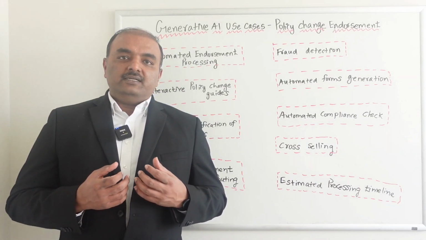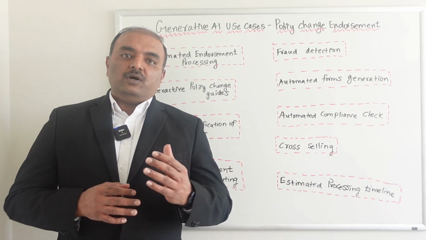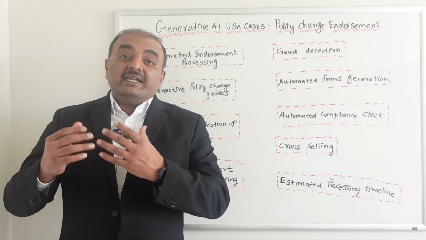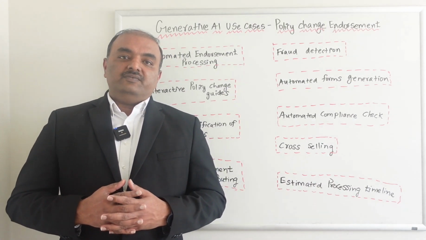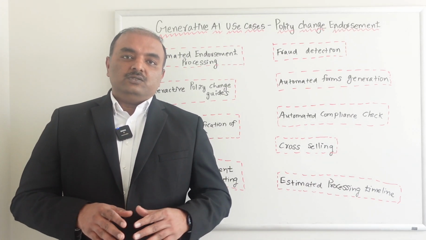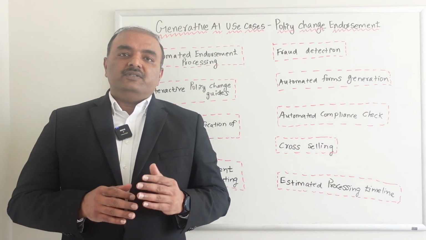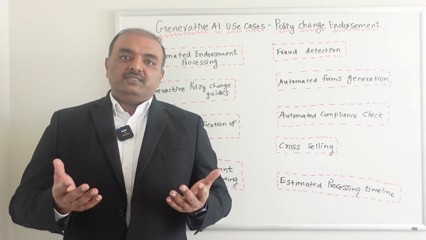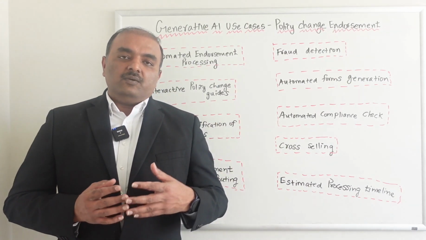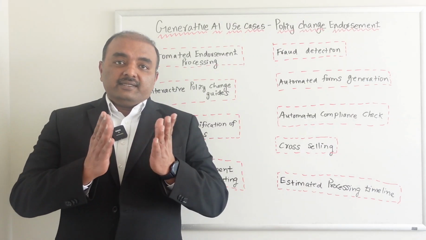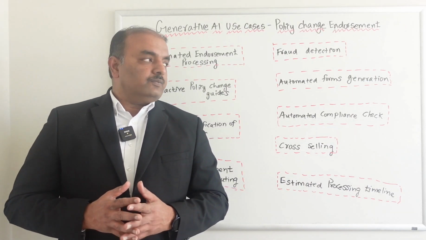The chatbot can respond and automatically process this policy change work order, generate the document, and send the completed document if it's a simple policy change. In this entire workflow, there is no manual intervention. If it's a complex change, it makes sense to look at the policy data and redirect it to the correct person within the insurance company.